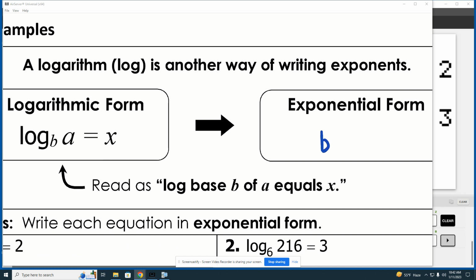That's the key. Then you do a loop: base b, to what power? b to the x power will equal a.